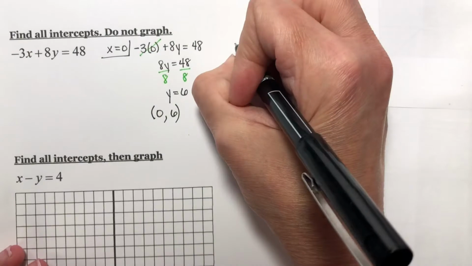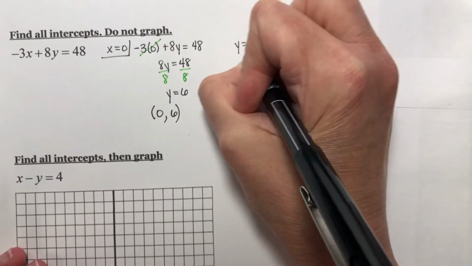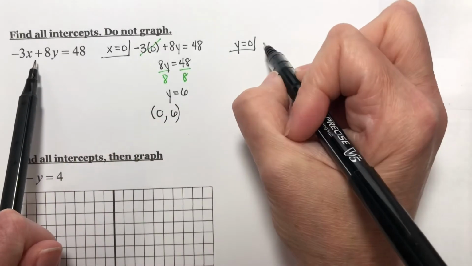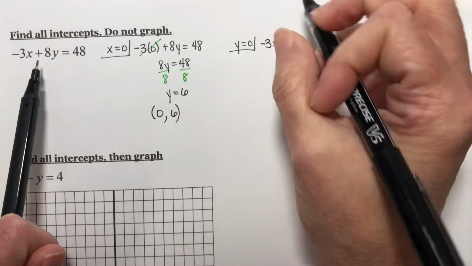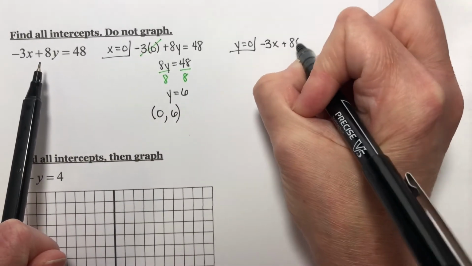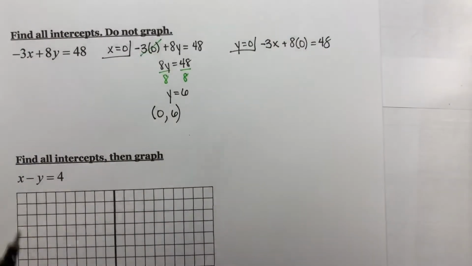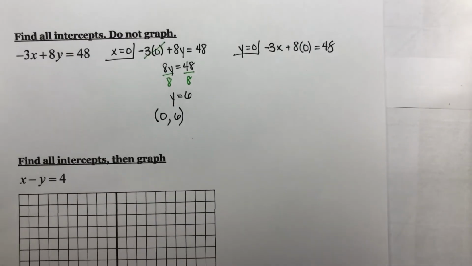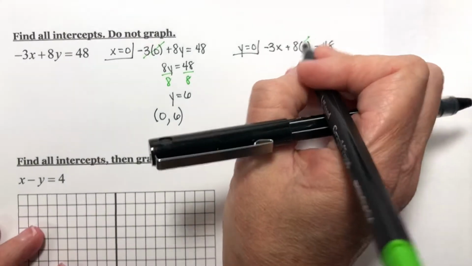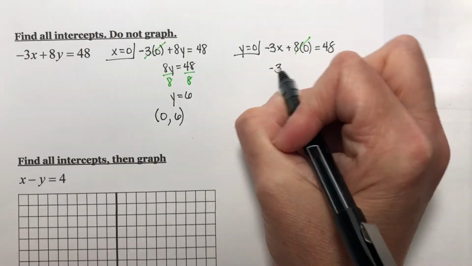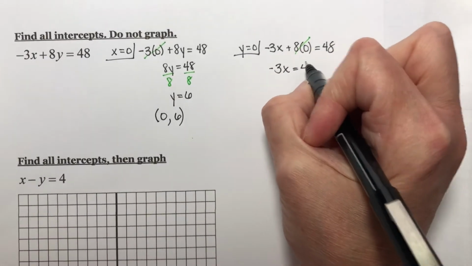Now let's get rid of y. So let y equal 0. If y is 0 here, I have -3x plus 8 times 0 is equal to 48. 8 times 0 goes away, leaving me with -3x is equal to 48.